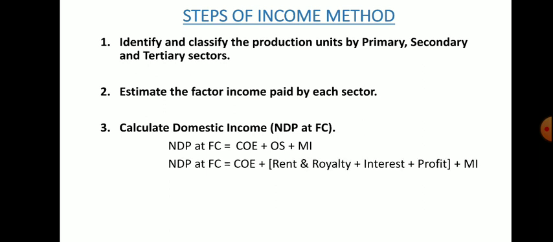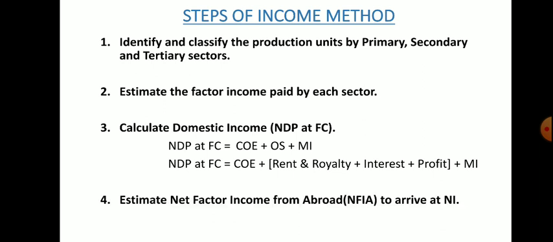You can also write it this way: COE plus operating surplus, which can be divided into rent and royalty, interest and profit. If the operating surplus is not directly given, you can add its components, that is rent and royalty plus interest plus profit. And along with that you have to add mixed income if there is any.